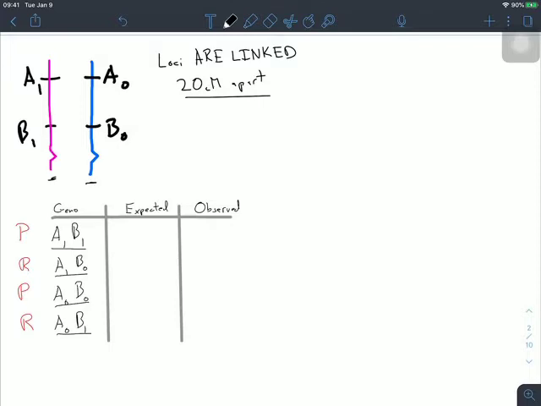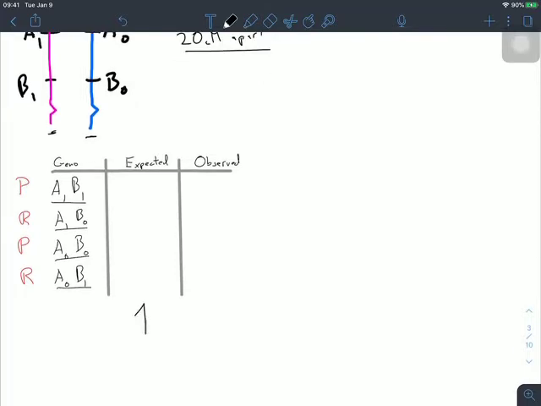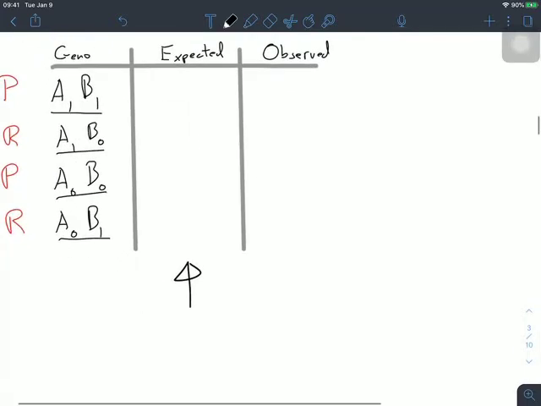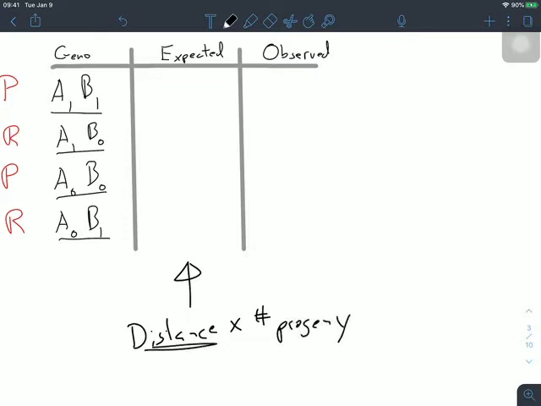Well, previously, when we calculated our expected totals, it would be the distance they are apart times the number of progeny. And this value would change because you're either looking to bin them into 4 different groups or have some sort of distribution, right?